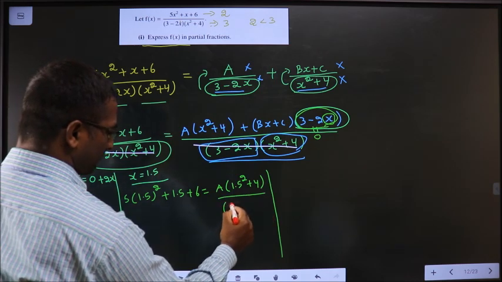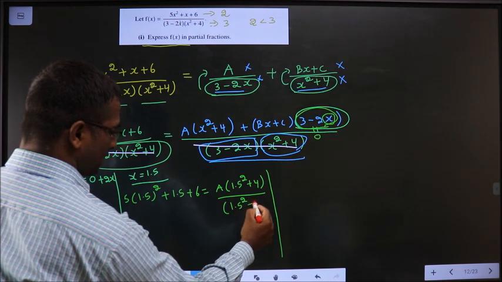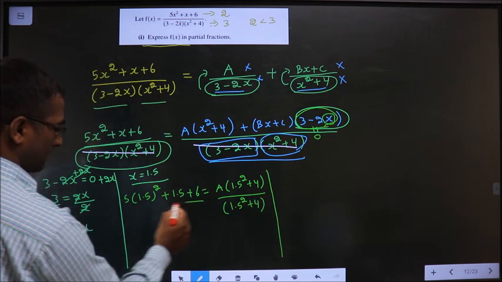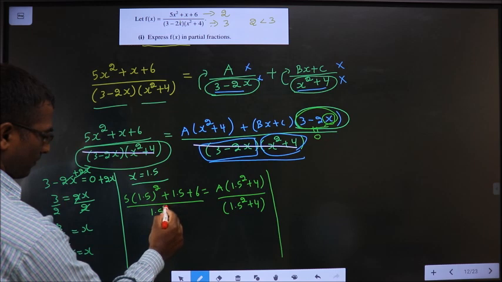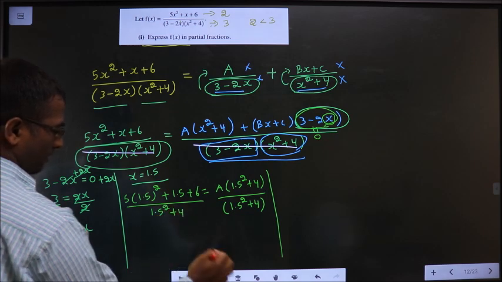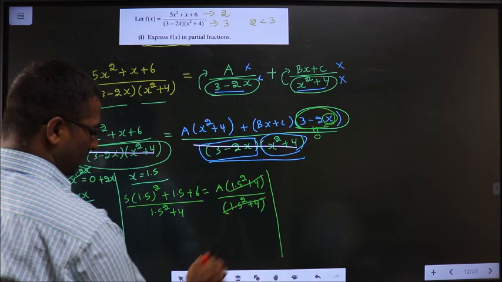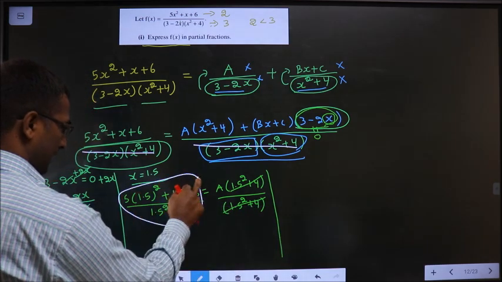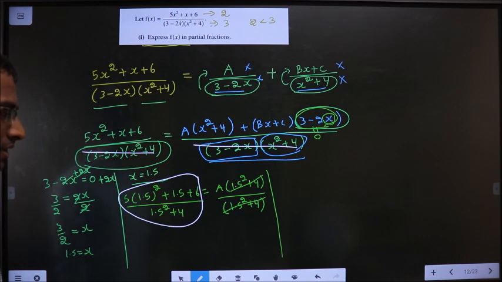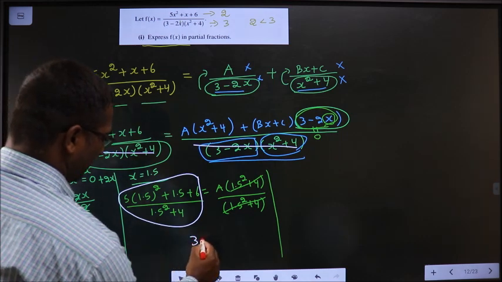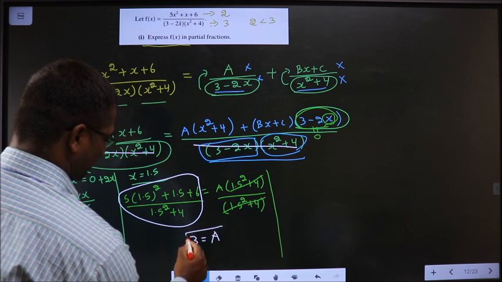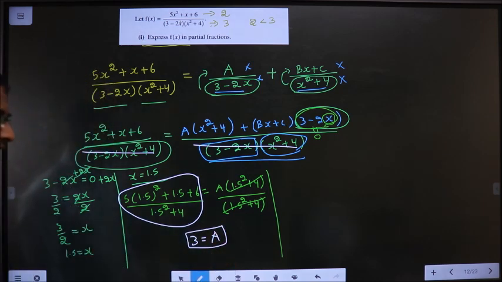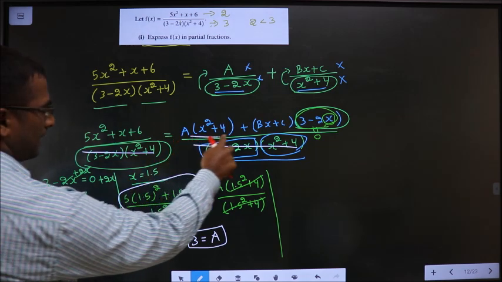Divide by 1.5 square plus 4 on both sides, such that this cancels out. Now you put correctly this entire thing in the calculator. You get the answer to be, you get 3 equal to a.